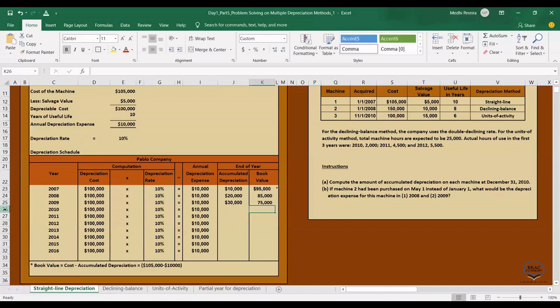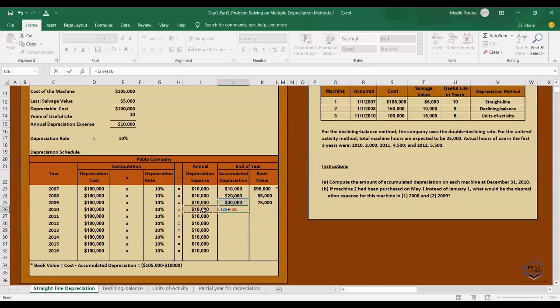And now we will be going to 2010. In case of 2010, the previous year's accumulated depreciation balance is $30,000 plus the current year's annual depreciation expense of $10,000. So the accumulated depreciation for 2010 is $40,000. Now if we calculate the book value, it is not required for this problem, but let us still finish this row.